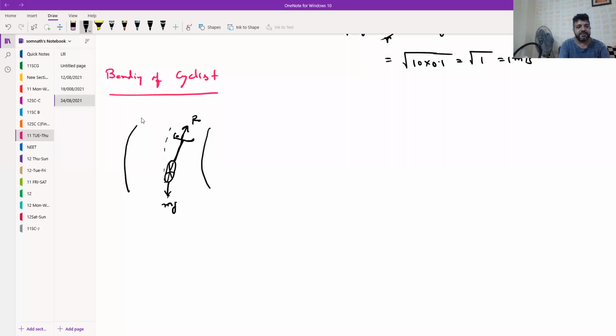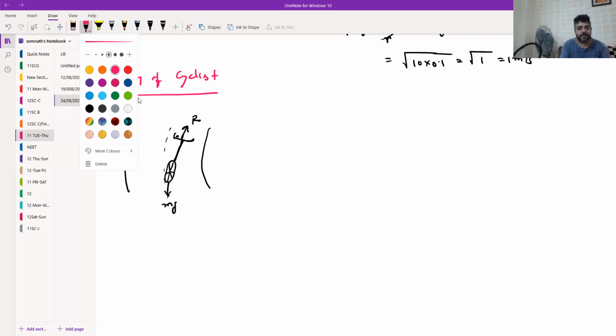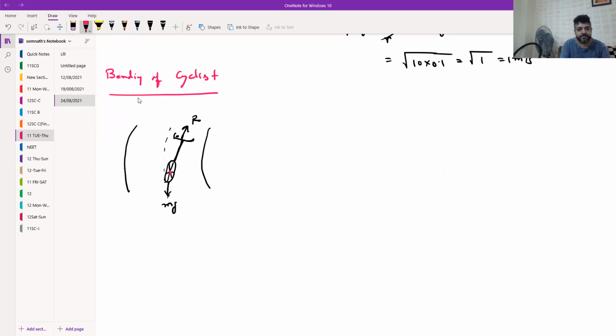That is called bending of cyclist. On that basis, this is the bending with respect to the vertical, let it be theta, and this is the horizontal. So I can write this is R cos theta, and towards the center is my R sin theta. So what can I write?